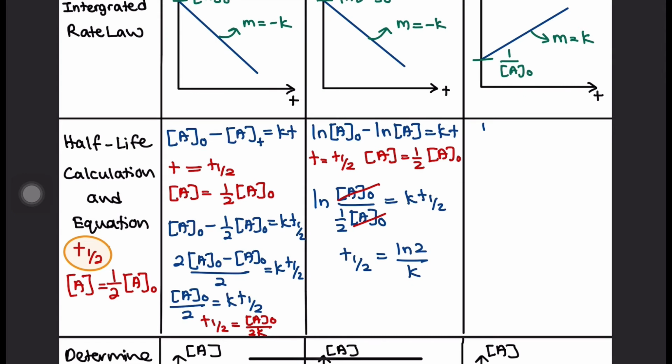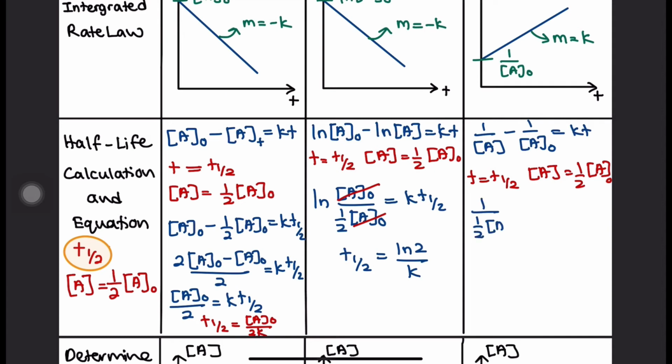Finally, to the second order reaction, whereby 1 over concentration of A minus 1 over initial concentration would give us kt. And again, don't forget to define the conditions for half-life, whereby t would be t-half and the concentration of A is now half of initial concentration. Rewrite the integrated rate law equation for second order using the conditions stated.